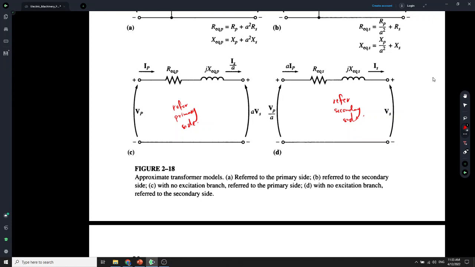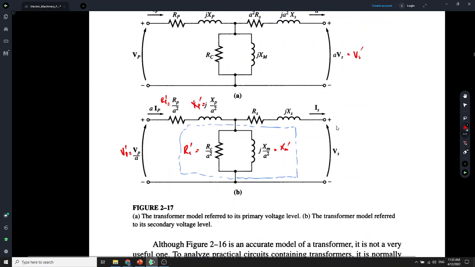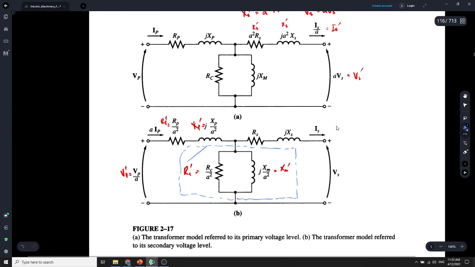In total they write R equivalent S, X equivalent S. So this is the R equivalent S, this one is the X equivalent S. This is the R equivalent P, this is the X equivalent P. Since it already becomes in series, we remove the center part, and then everything becomes in series.